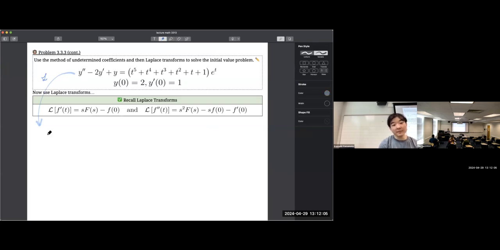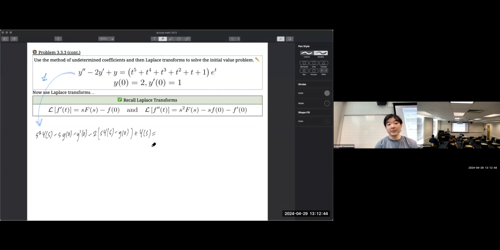Y double prime is going to be s squared, I'm just going to use this result we had right here: s squared Y of s, minus s y of 0, minus y prime of 0, minus 2 times the Laplace transform of y prime, which is s Y of s minus y of 0. And then the Laplace transform of y is just Y of s.